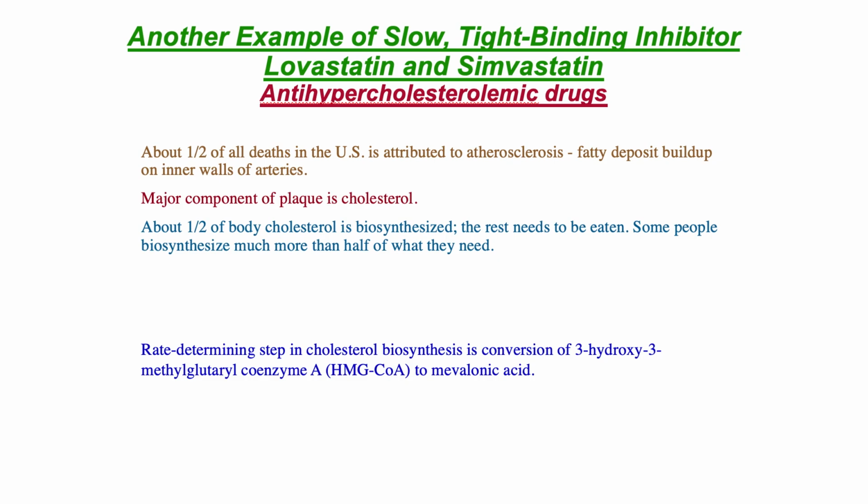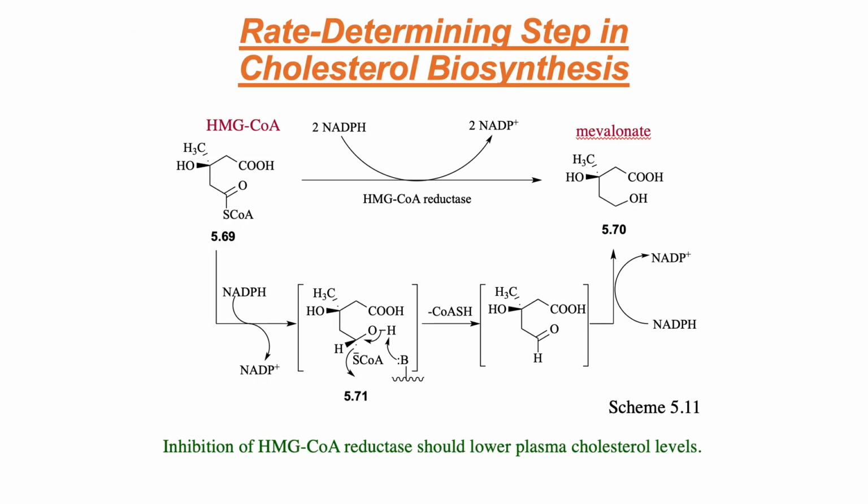Another example is lovastatin. We talked about lovastatin when we talked about HMG-CoA and inhibiting the formation of cholesterol to form atherosclerotic plaques, which also hardens and narrows the arteries. And here, it's the rate determining step in cholesterol biosynthesis, which is a huge pathway.